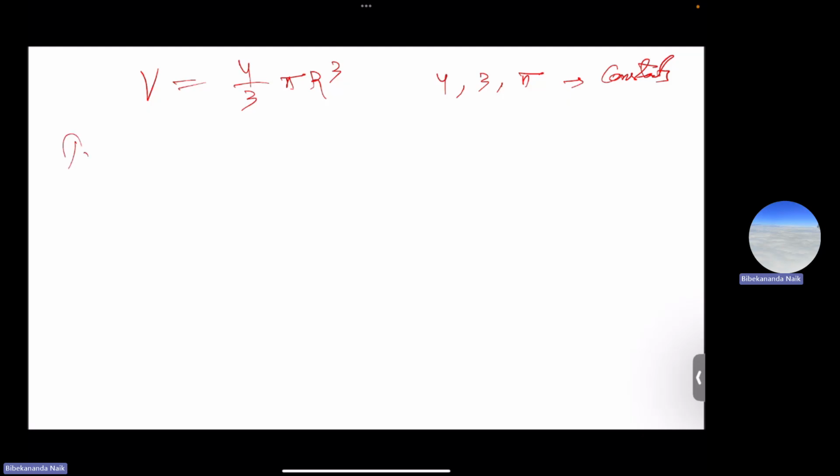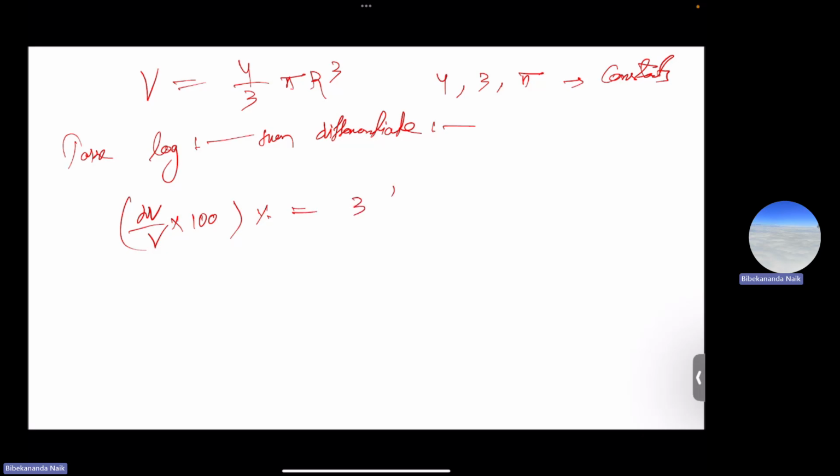So if you take log and differentiate, it will be delta V by V into 100% equals 3 dr by r into 100%.